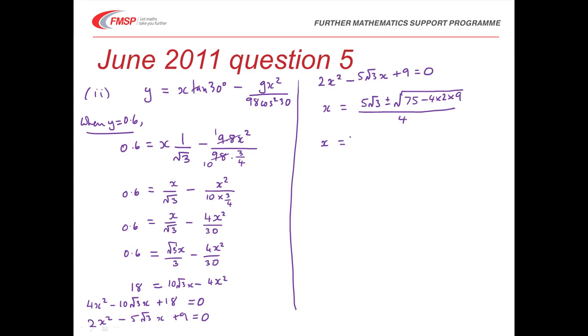So I've got x equals 5 root 3 plus or minus, well, 75 minus 4 times 2 is 8, 8 9s are 72, 75 takes 72 is 3. That actually is another root 3. And now you can see why I stuck to using exact form, because I've now got two answers, one of which is 5 root 3 plus another root 3, that's 6 root 3 over 4.